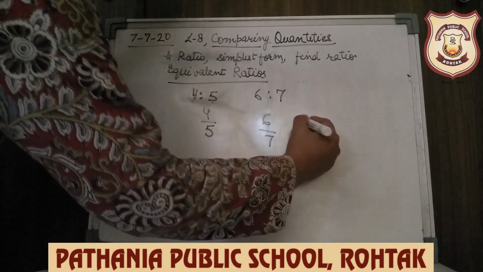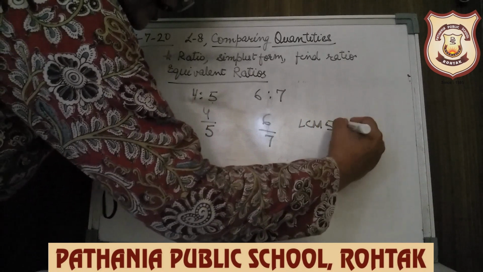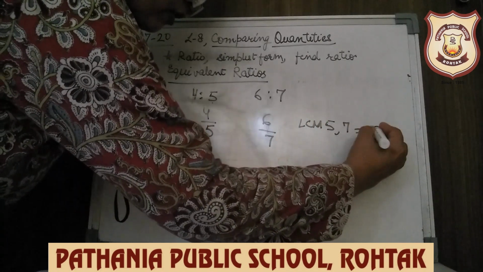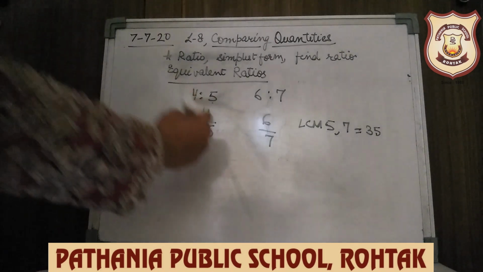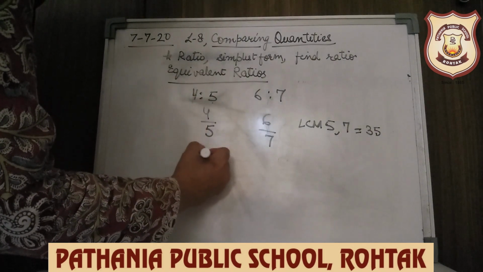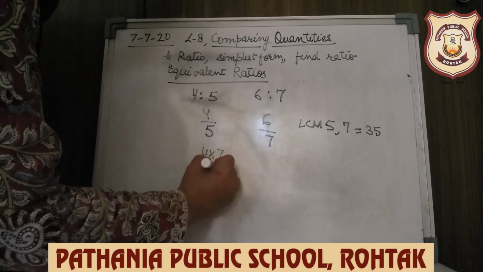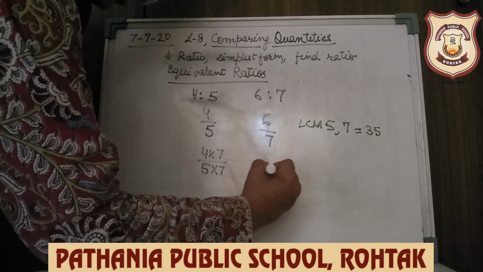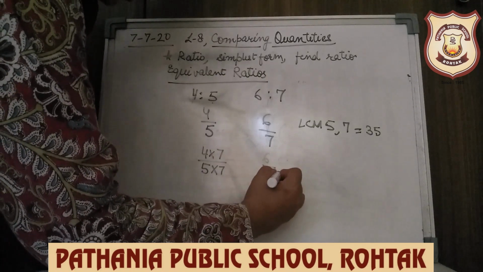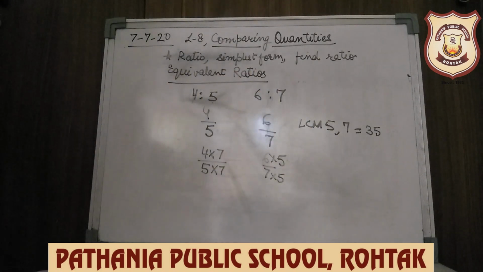Now take the LCM of 5 and 7, which will be 35. Now convert them into like fractions. 4 multiplied by 7, and 5 will also be multiplied by 7, then only the denominator is going to be 35, and this one by 5.